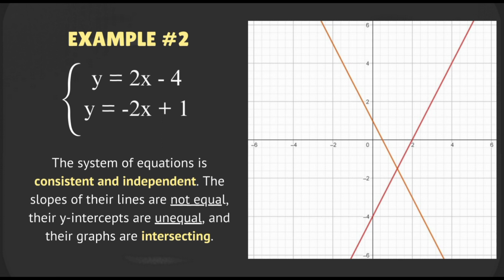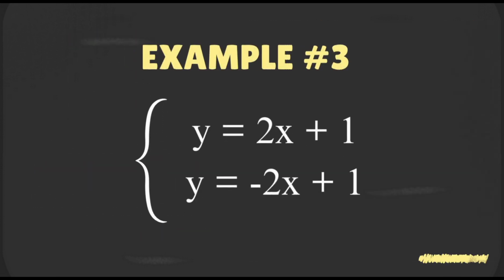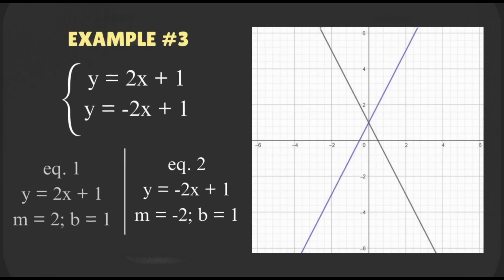So let's have this third example, wherein the given system of linear equation is y equals 2x plus 1 and y is equal to negative 2x plus 1. In equation 1, we have m is equal to 2 and b is 1.